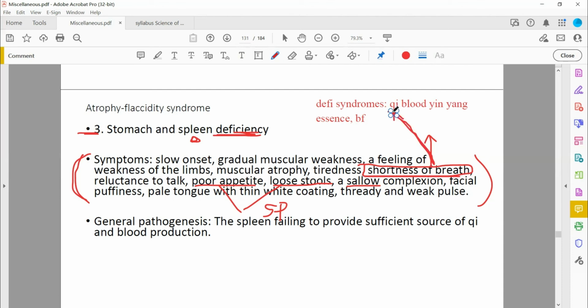Don't think about the lung, because you didn't see cough or dyspnea. If you see cough and dyspnea, that's the lung. If you just see shortness of breath and tiredness, that's qi deficiency.